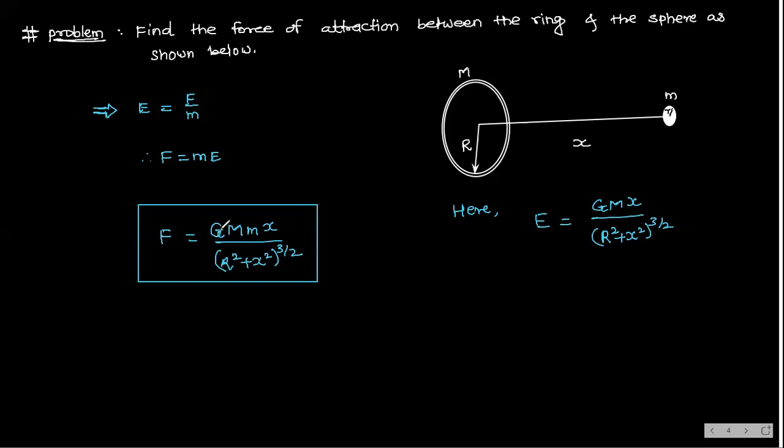Any doubt, please ask. Understood? You just have to replace a with R in this case. And this distance is already given, that is x. Already given. Any other doubt?